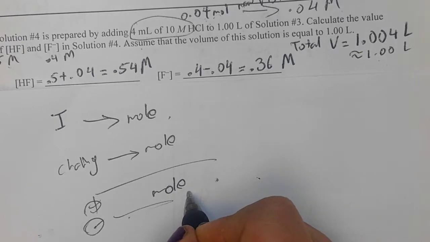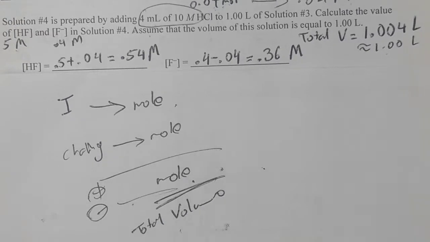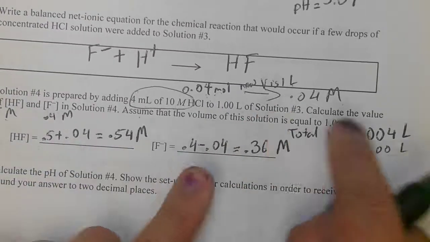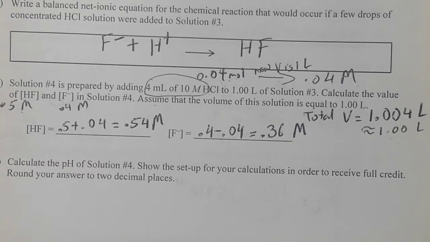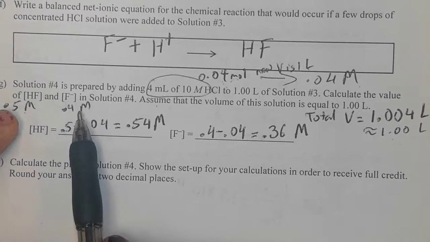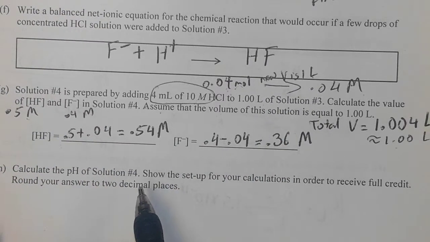Once you get your moles, divide by the total volume to get the molarity. In this case I'm assuming, so I can just quickly subtract. Otherwise, you're not subtracting molarity, you're subtracting mole. Make sense?